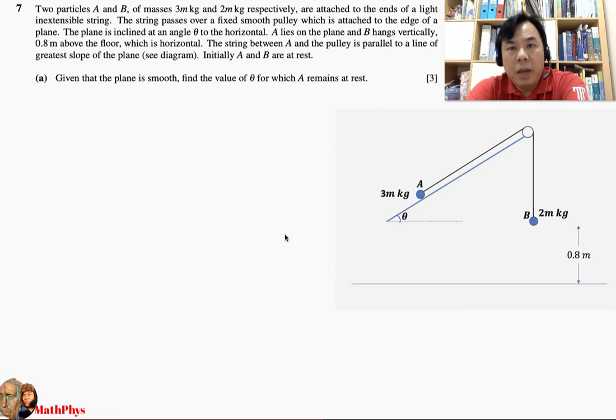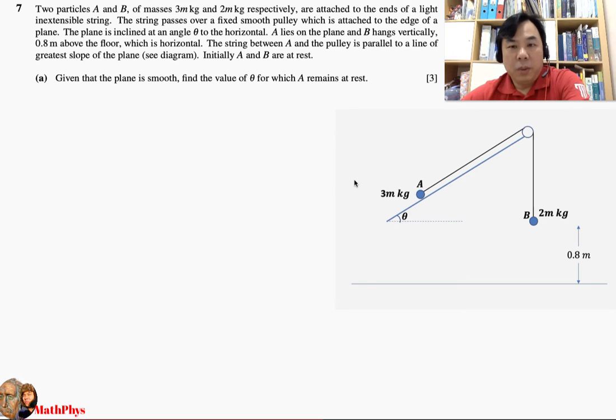Now the string between A and the pulley is parallel to a line of greatest slope as shown in the diagram. Initially A and B are at rest. Now, given that the plane is smooth, find the value of theta for which A remains at rest.